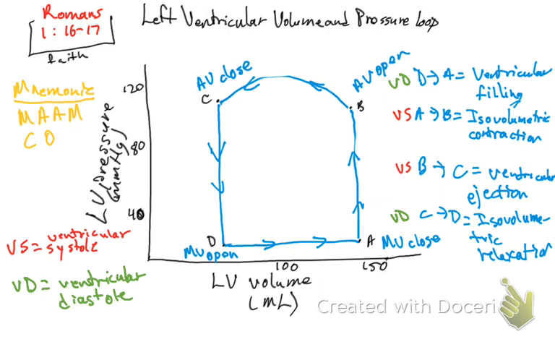Because first the mitral valve closes, then the aortic valve opens, and this follows the letters A, B, C, and D. If you start in A, where you have the mitral valve closed, then you have your aortic valve open, then you have your aortic valve closed, and then you have your mitral valve open. This is mom, Coco. Okay.